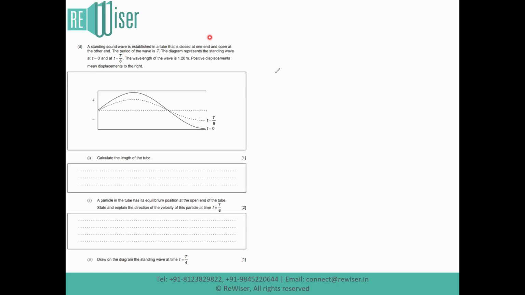The wavelength of the wave is 1.2 meter. Positive displacement means displacement to the right. So here we have a standing wave pattern being formed on a tube that is closed at one end and open at the other end.